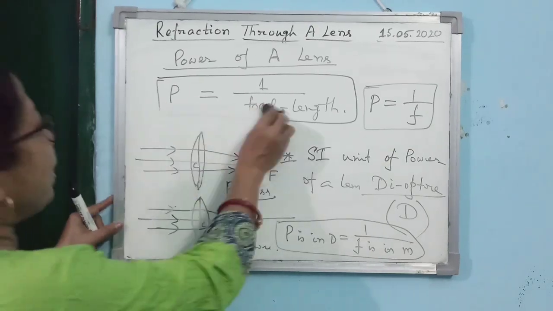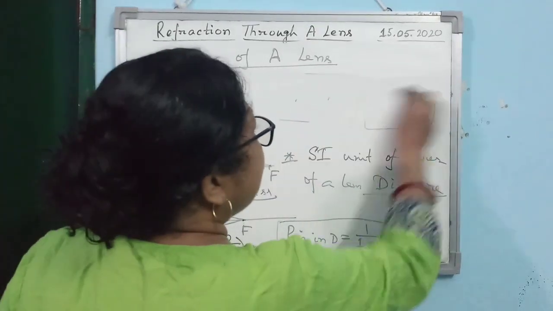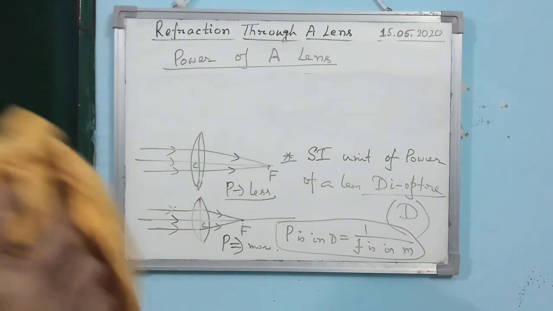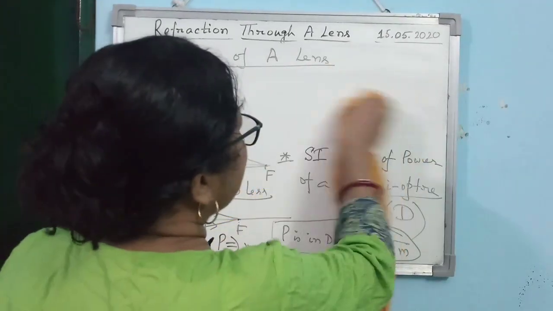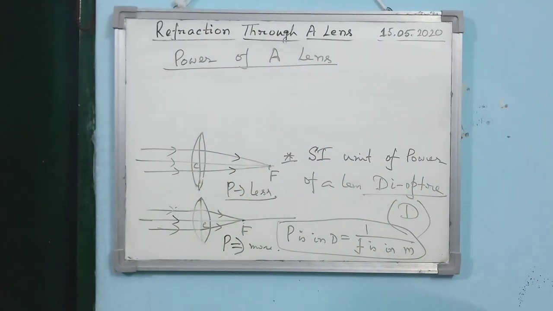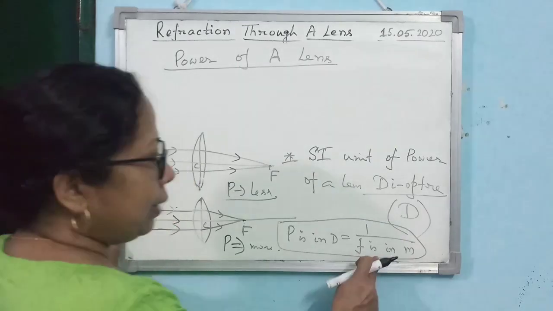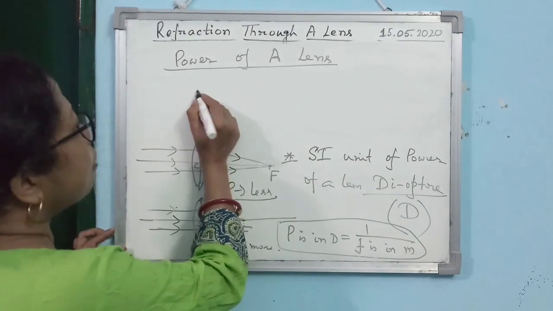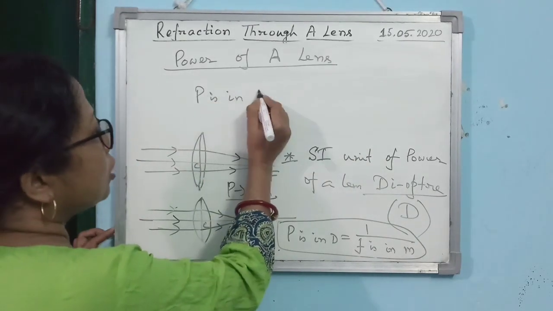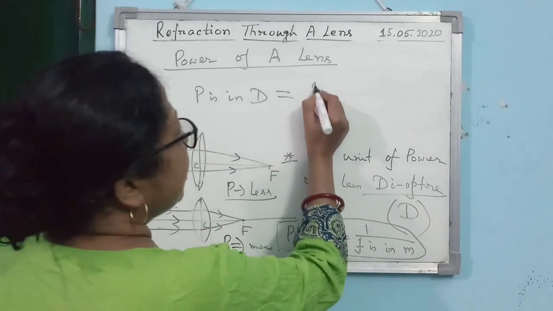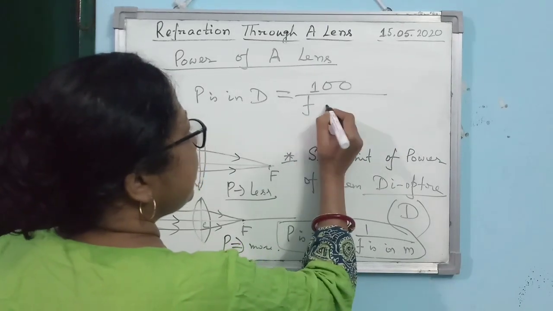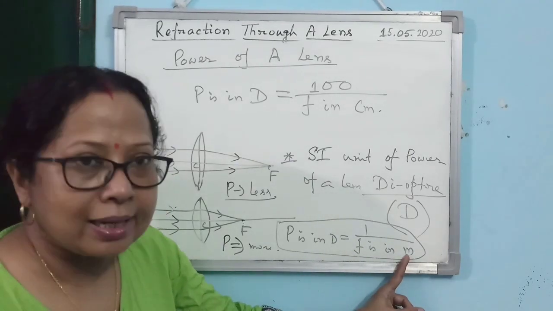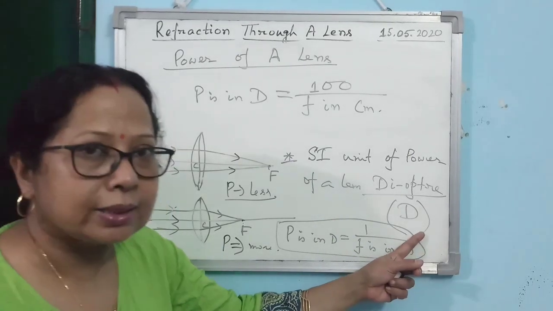Alright. Now, sometimes it happens that focal length is given in centimeter. Then what you can do? You can use this same formula. Means you convert centimeter into meter and then you put it, or you can use this as formula also. When P is in diopter, then it will be 100 by F in centimeter. Just understand it. When F is in centimeter, when you convert it into meter, then what will happen?